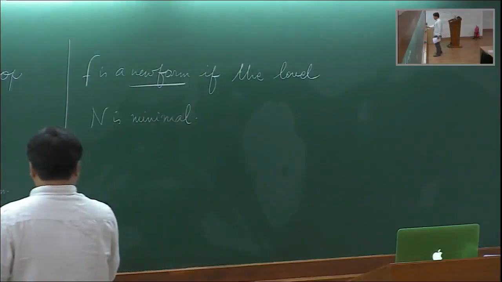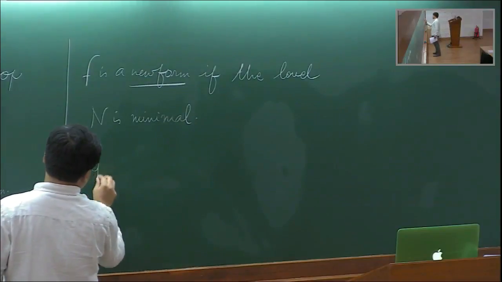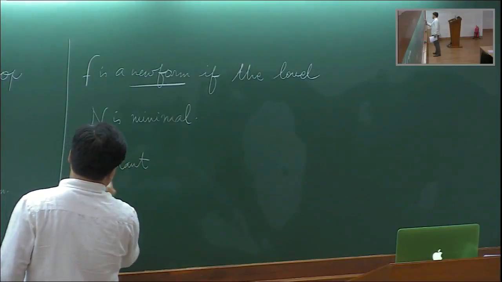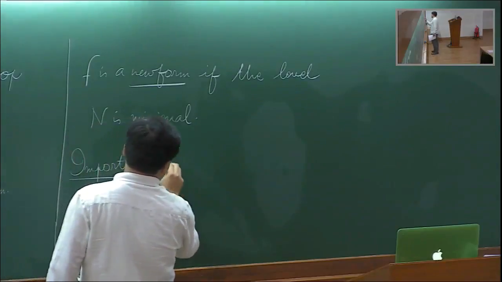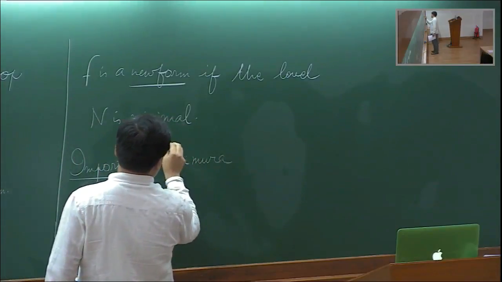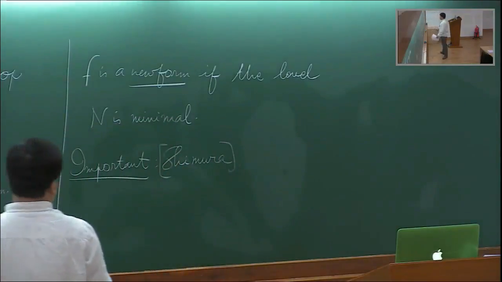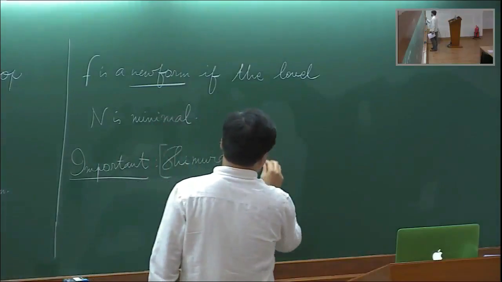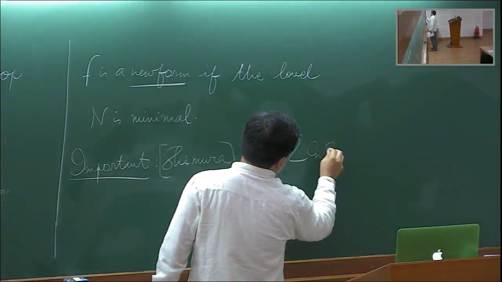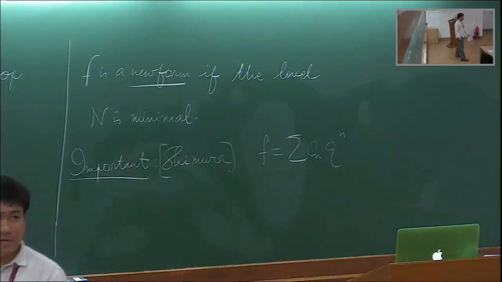okay? So in that case, you say F is a new form. But what is more important for us is the theorem due to Shimura, that if I have a new form and F equals the summation of Cn q to the power n, then all these Cn's are algebraic integers.